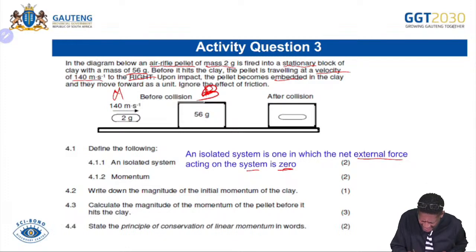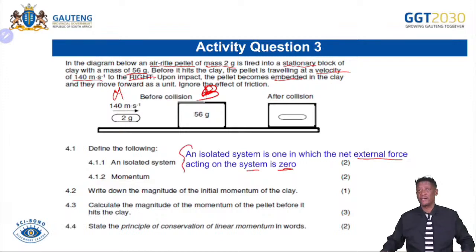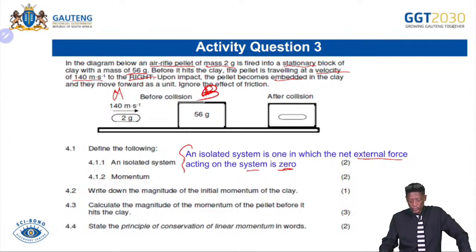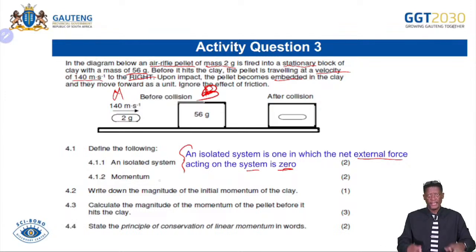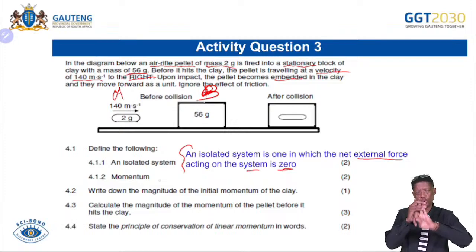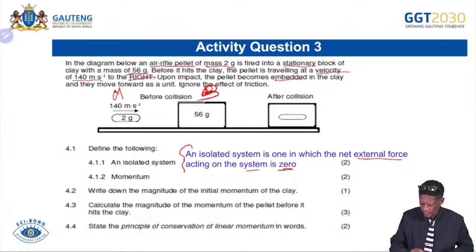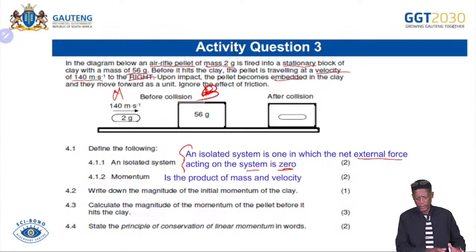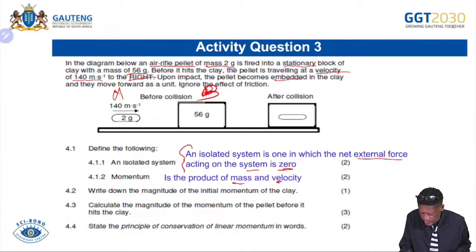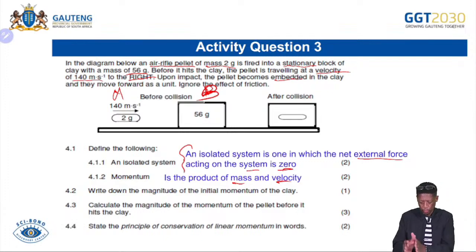That is the definition we are going to define with. Then what is momentum? Think of only two quantities, mass and velocity, all the time. Momentum is the product of mass and velocity. That is momentum, 2 marks. So you don't have to go further.